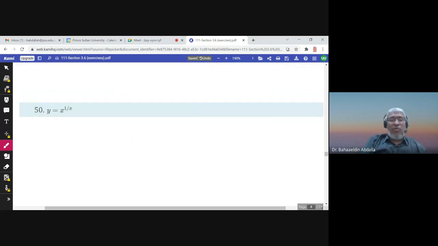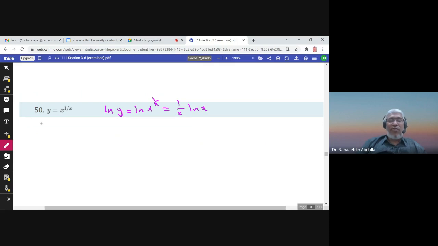Well, also logarithmic differentiation can be used to find the derivative of a function to a function power, like x to the power 1 over x. There is no way to solve this problem except using logarithmic differentiation. So actually there is another way, I will write it down. So ln y equals ln x to the power 1 over x, and then you bring 1 over x outside.